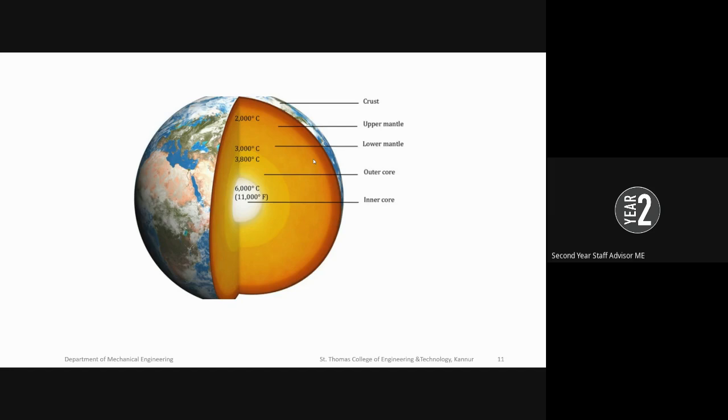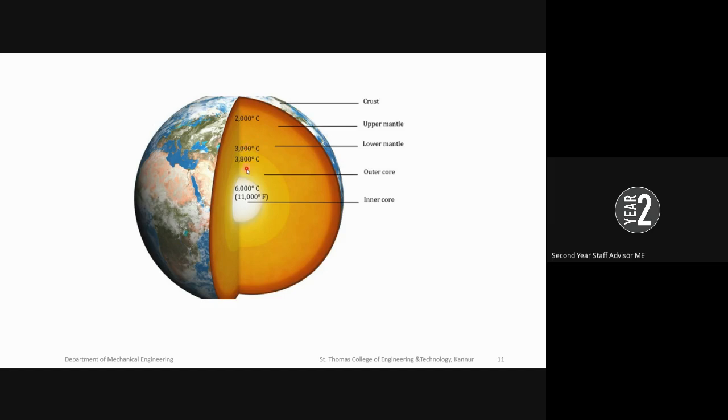So that much heat energy is there. As a result, what will be happening? This is all the rock part. So this particular energy will be transferred here now. So there will be rocks, and there will be so much underground water.